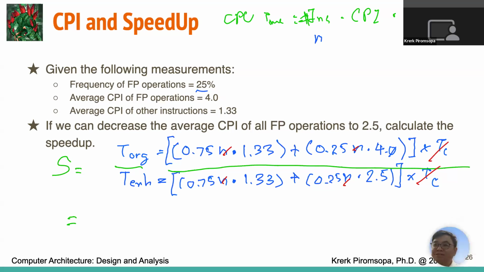Okay, you do the math. Should be something like 1.23.